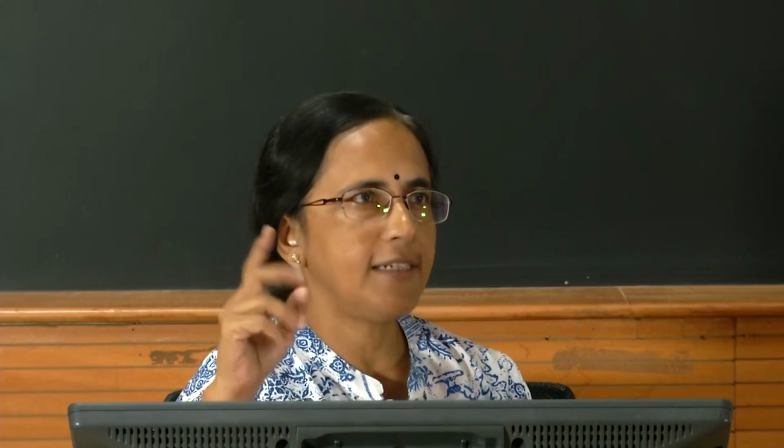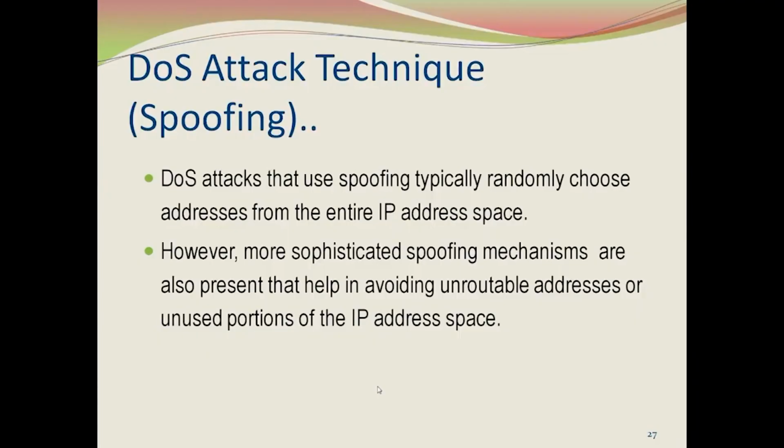Okay. And if you are an attacker, obviously you are intelligent. So, you can easily find out which of the network addresses are not in use, temporarily or for a long time. However, nowadays more sophisticated spoofing mechanisms are present that help in avoiding unroutable addresses or unused portions in the IP address space.